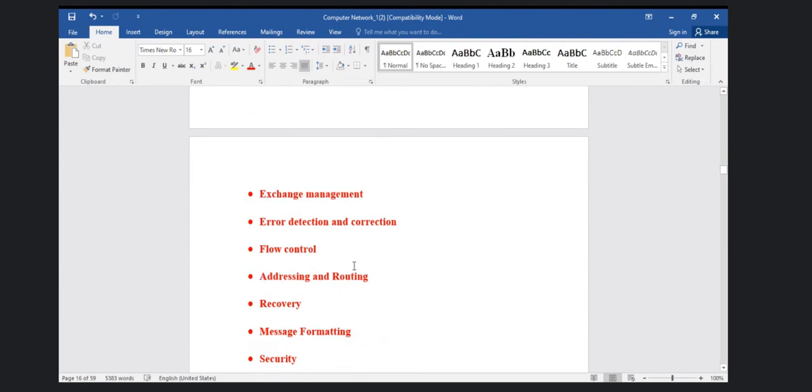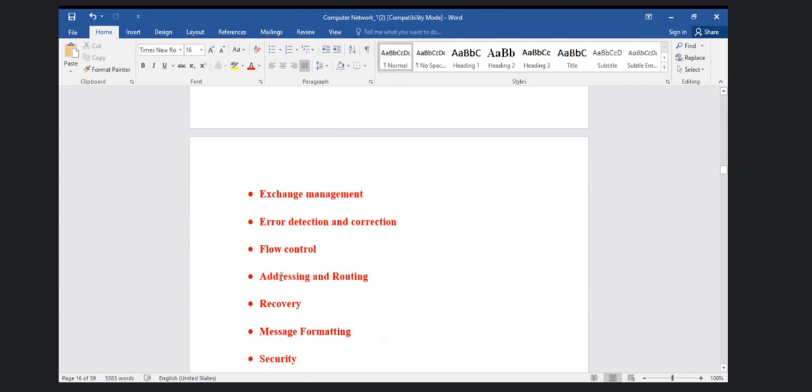Now, addressing and routing. Addressing means when we are going to send a letter to somebody, we have to put the address of the receiver. Otherwise, if we don't mention the address of the receiver, the information will go anywhere. And routing determines the route through which the data is transmitted.